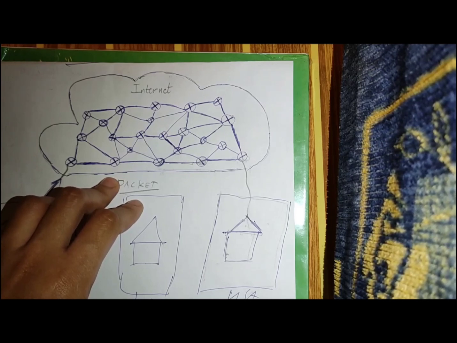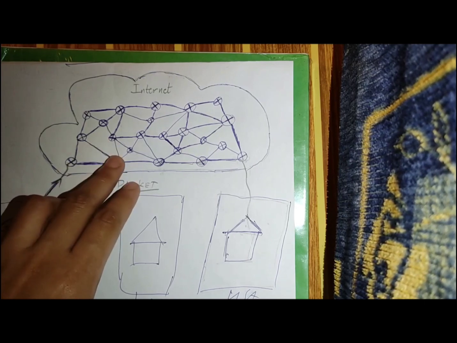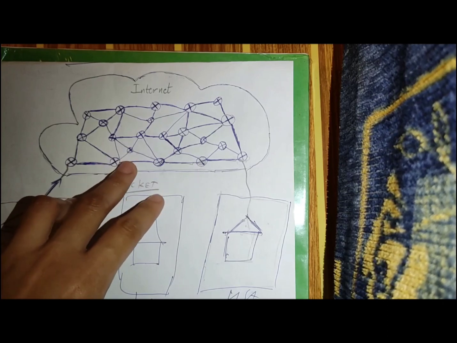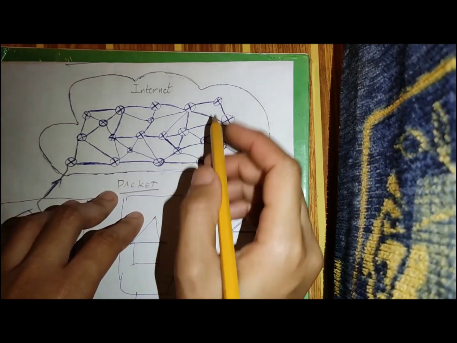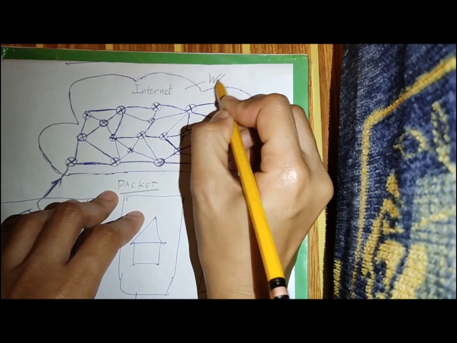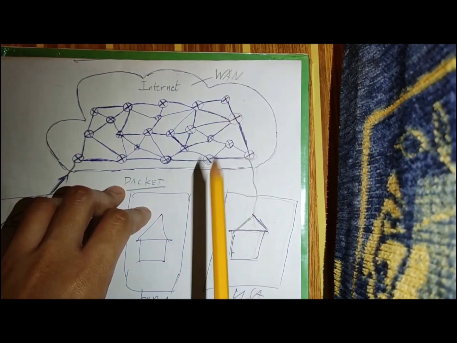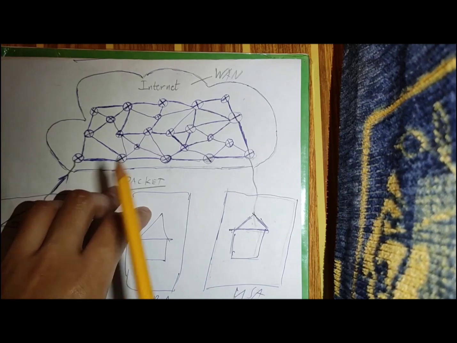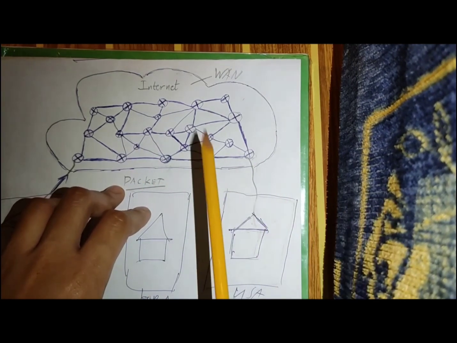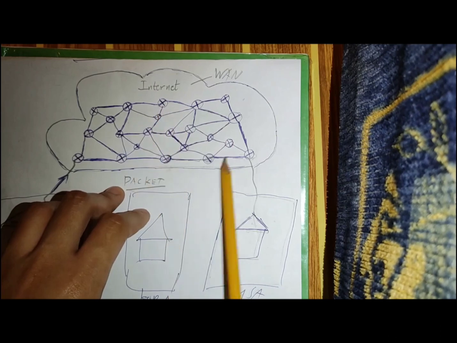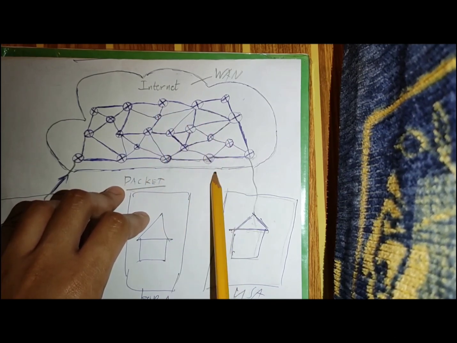Before I forget, the internet is a type of network called a WAN. What do we mean by WAN? A WAN's coverage or area is very wide or global.